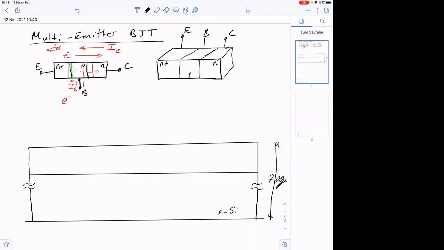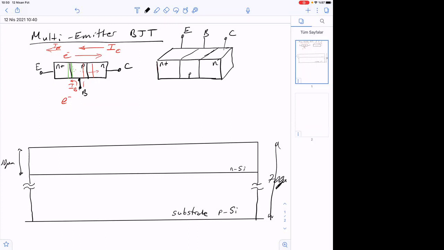This is the substrate. And then on top of the substrate, a certain thickness is formed, maybe 10 micron or so. You will see this as the N-type silicon, so that means it's phosphorus doped.